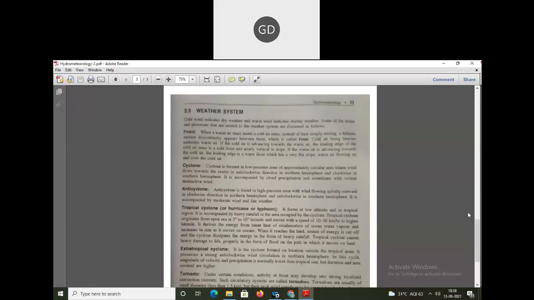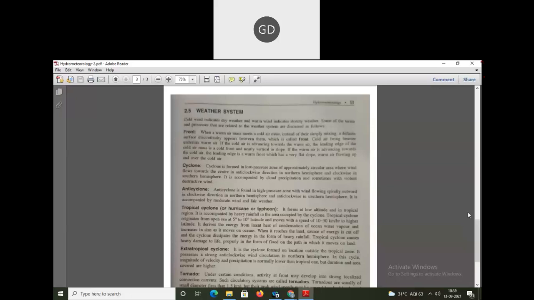So it goes anti-clockwise in the northern hemisphere and clockwise in the southern hemisphere. Also, this cyclone is generally accompanied by cloud and precipitation, that is your rainfall, and sometimes by very destructive, violent wind. So this is about your cyclone.